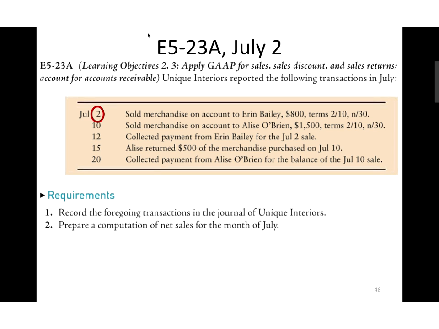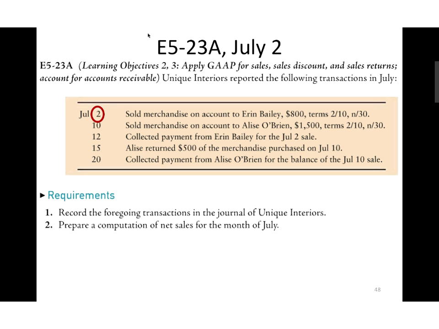So the first one, July 2nd. Let's talk about what this means. Sold merchandise on account to Aaron Bailey, $800, terms 2/10, net 30. Now, those terms 2/10, net 30 mean something very specific. The 2 means that's the amount of discount if she pays within 10 days.